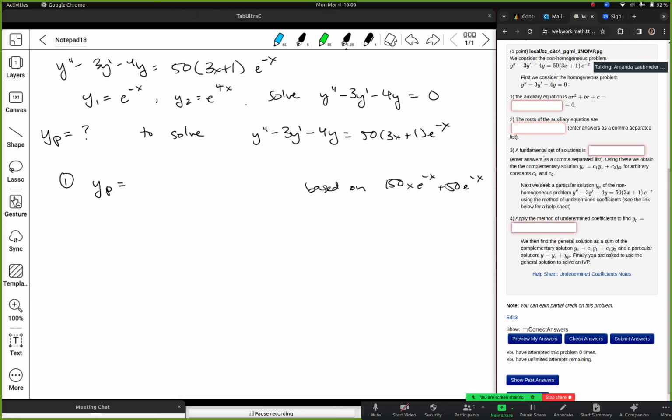And my approach is always going to be to start by guessing that y sub p has that exact same form, but with unknown constants instead of these numbers. So I'm going to say it's a x e to minus x plus b e to minus x. So I'm just replacing these numbers with the undetermined coefficients a and b, instead of that 150 and 50 we saw.